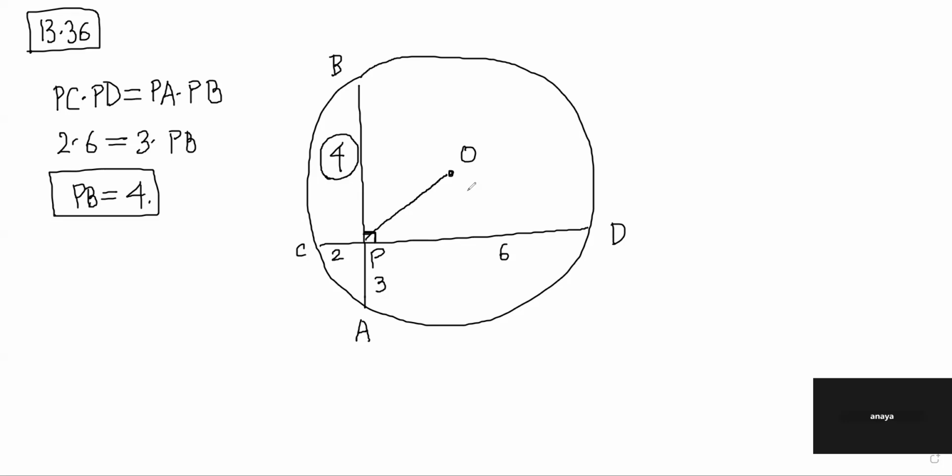Okay, so we know this is 90. So we will have some results from Pythagoras theorem if we make triangles here.